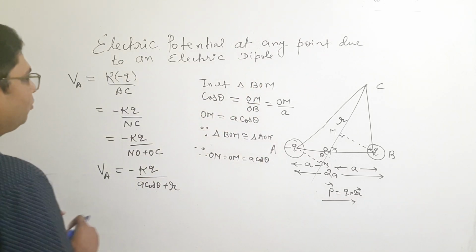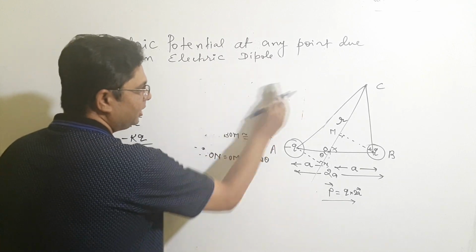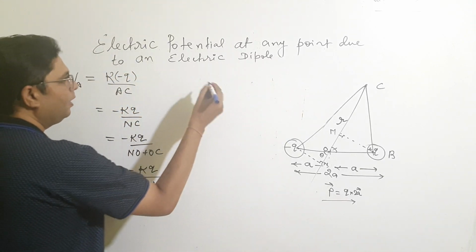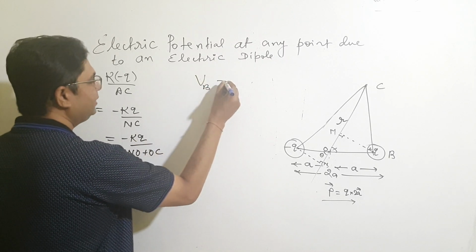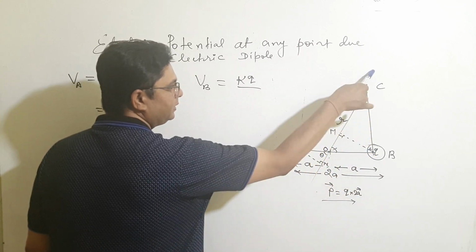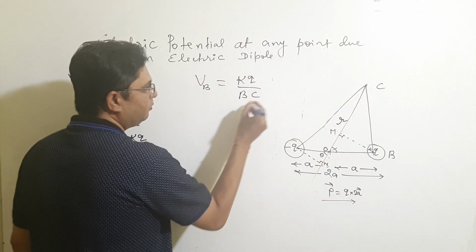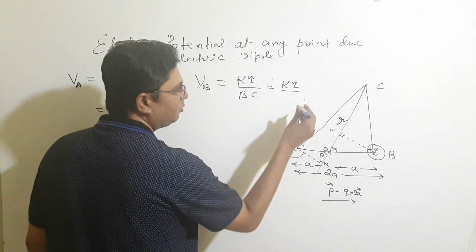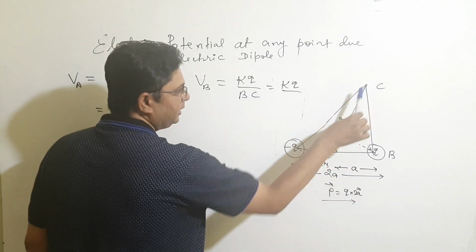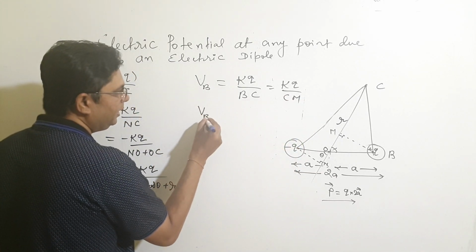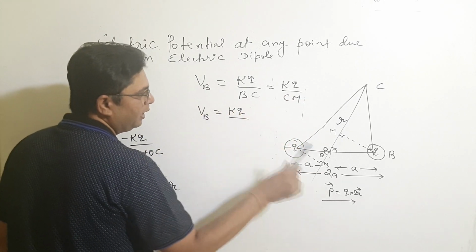Similarly, we have to find the potential at C due to charge at B. So VB is equal to KQ upon BC, which can be written as KQ over CM.